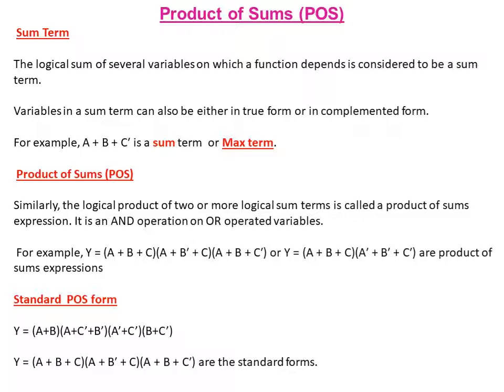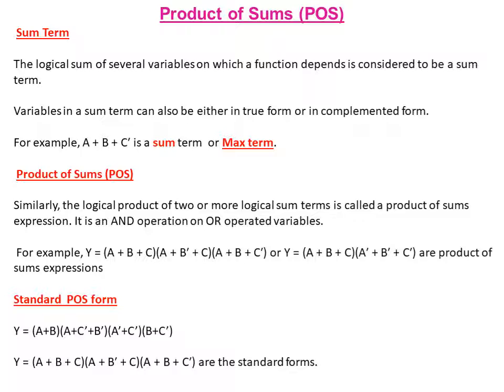This is an example for product of sum expressions. Now, what is standard product of sum expression? Standard product of sum expression means each sum term should contain all the variables in either complemented or uncomplemented form.